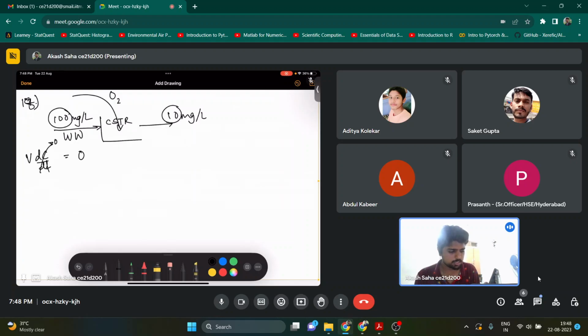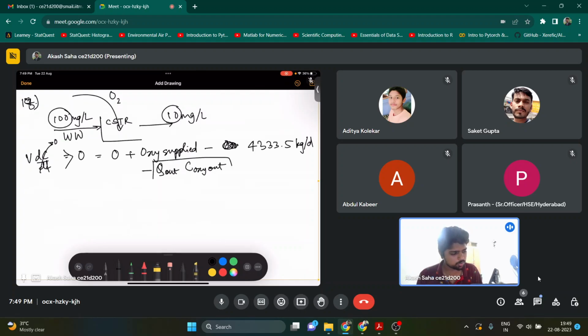So 0 equals Q in C in, which was also 0, plus oxygen that is supplied, and also minus oxygen that is consumed, that we have just found out, 4333.5 kg per day, minus Q out into C oxy out. So we have to now calculate this C oxy out.